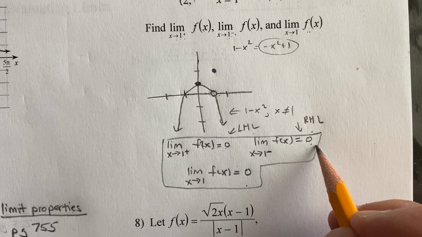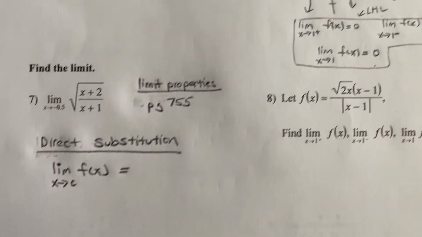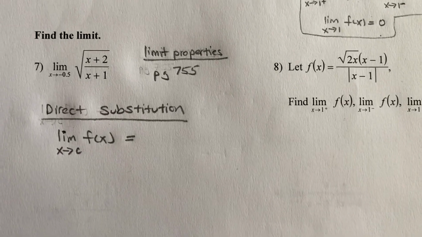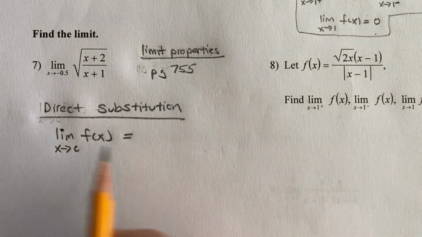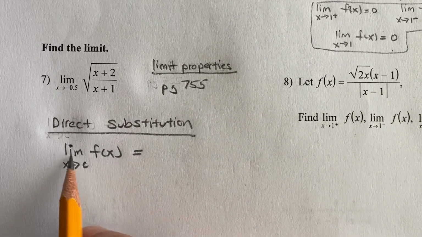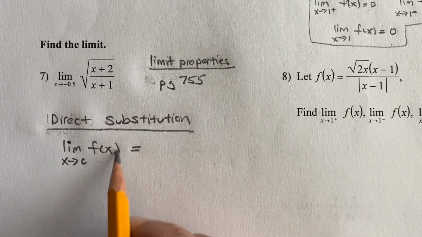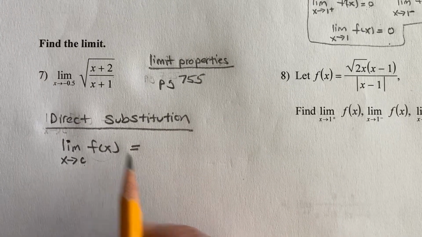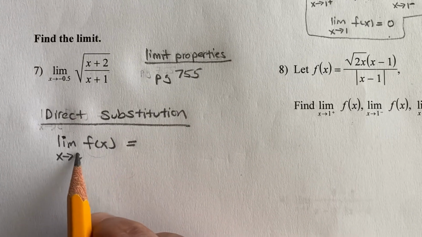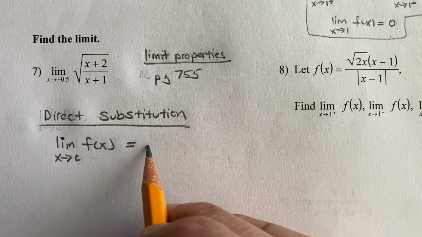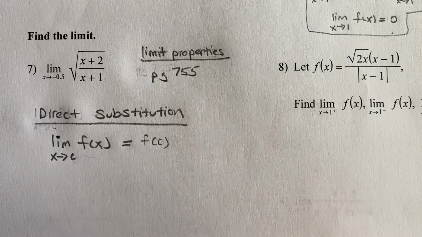All right, so moving on to number 7. Before I do this problem, I must talk about direct substitution. And so if you have a limit, where x approaches some number of some type of function, a lot of functions you can just solve by directly substituting wherever this number is into the function. So the limit overall is just f of c.